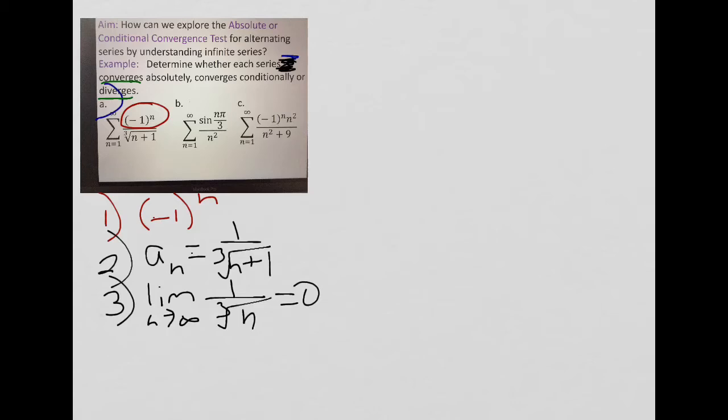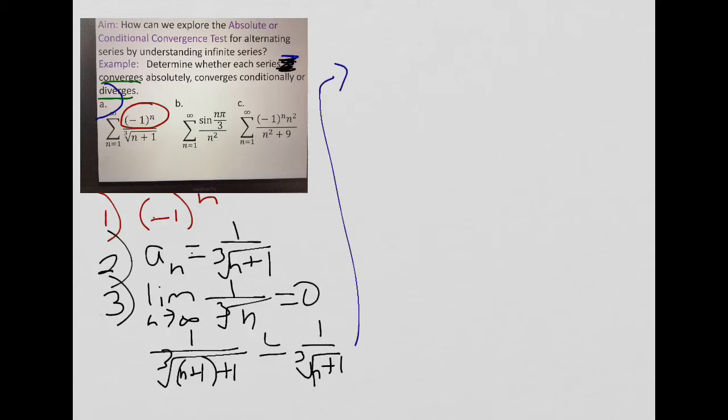Then we're going to go on to see if it meets the next condition. The next condition is where we compare the (n+1)th term with the nth term. The (n+1)th term should be smaller than or equal to the original. So we can do a little cross multiplying to solve here. Oh, I didn't actually cross multiply.